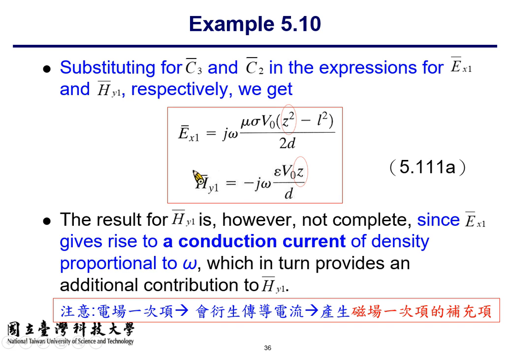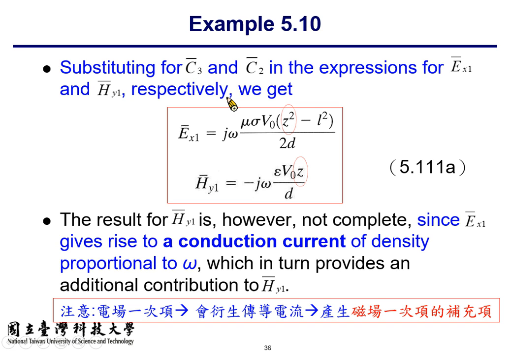And unfortunately, this is not the end of the first order term, because the substrate between the top and bottom plate is conductive. Therefore, the Ex1 term will also produce another conducting current, which in turn will produce a first order magnetic field term.